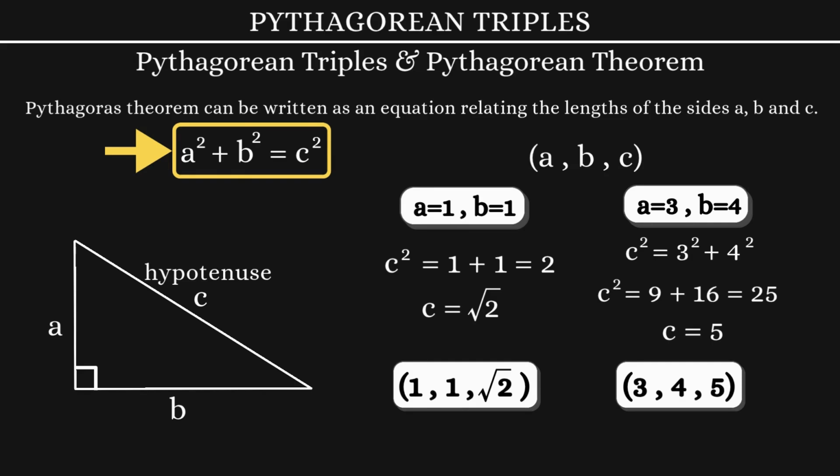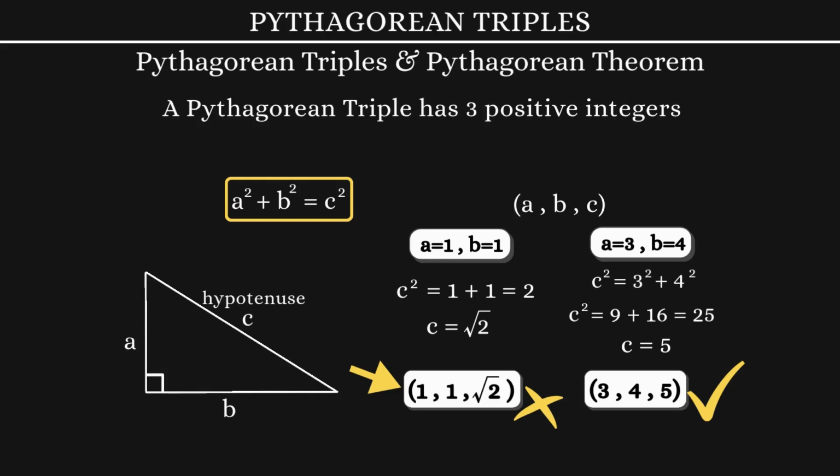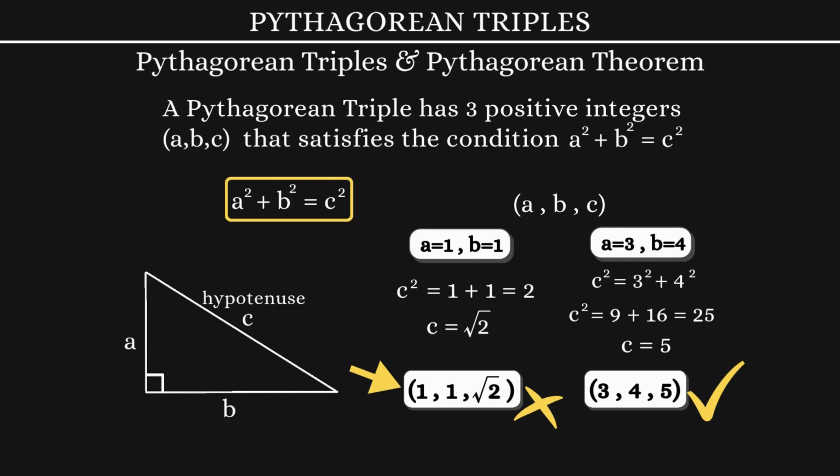So, in this case, 3, 4, 5 will be a Pythagorean triple, but 1, 1 and root 2 is not a Pythagorean triple because root 2 is not an integer. So, simply put, a Pythagorean triple is made up of three positive integers A, B and C such that A squared plus B squared is equal to C squared.